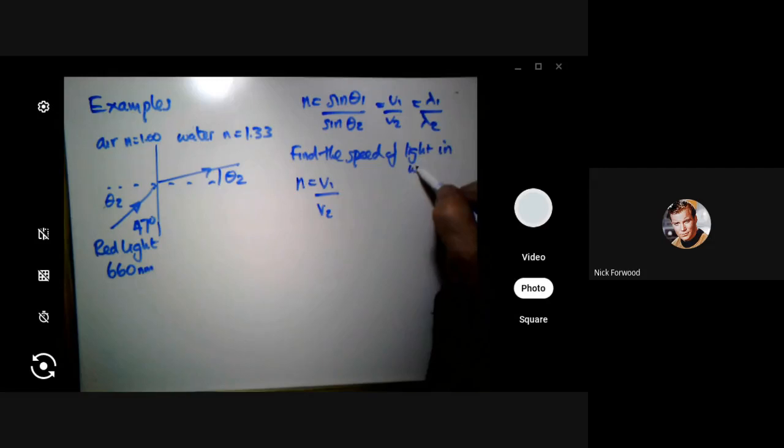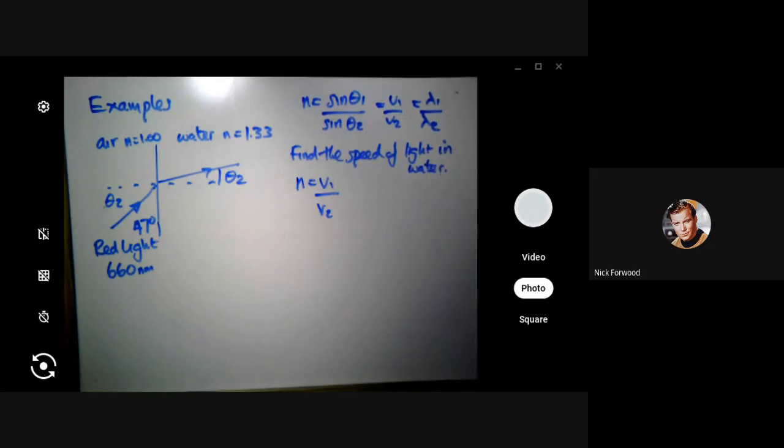in water. Now, I think it's fair to say that if you were going to get this question in the exam, the speed of light in water would not be in the data sheet. They take it out, and they can, in fact, change the data sheet from one year to the next. They've been known to do that.